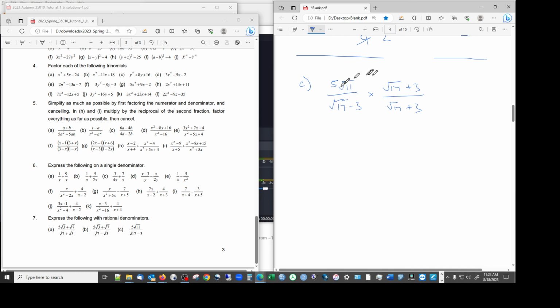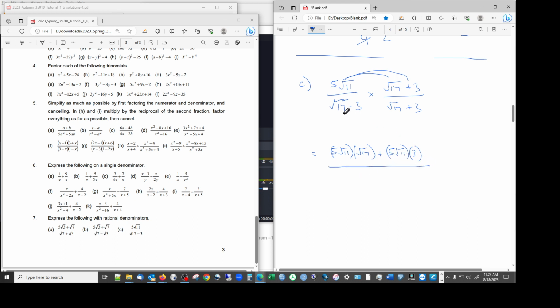So if we do the top, we'll get 5 root 11 times root 17. Added to that, we'll get 5 root 11 times 3. So that's the top expansion. So that's 1, 2. So that's why there's only 2 terms.